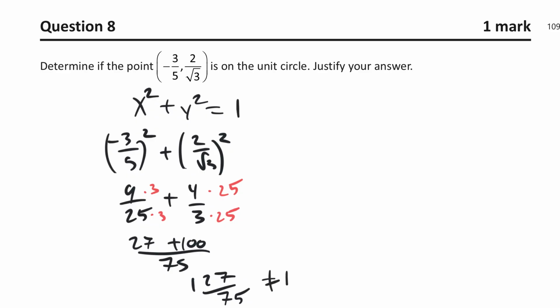This is not equal to 1. So not on the unit circle. Remember, there are points that could be on the unit circle that we haven't memorized. Just because it's not our root 2/2 business doesn't mean it's automatically disqualified. What disqualifies it is that it does not satisfy the unit circle equation.